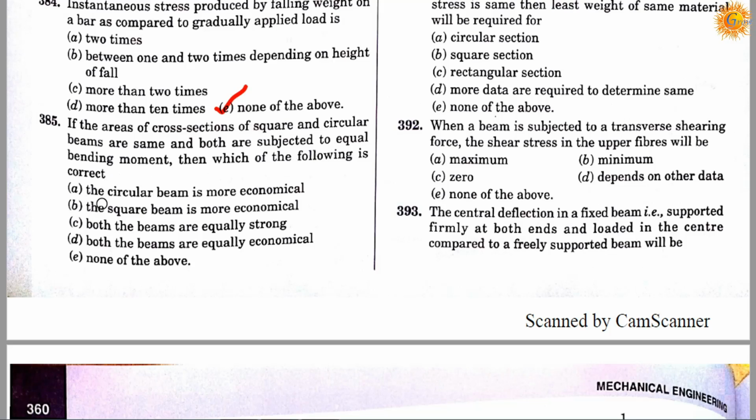Option A, the circular beam is more economical, option B, the square beam is more economical, option C, both the beams are equally strong, option D, both the beams are equally economical, and option E none of the above. Correct answer is B. Square beam is more economical.